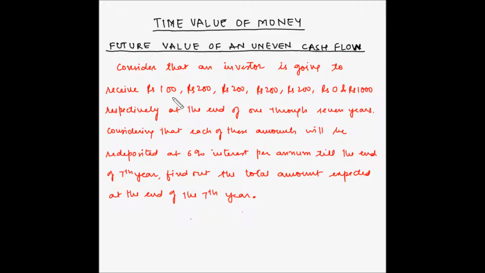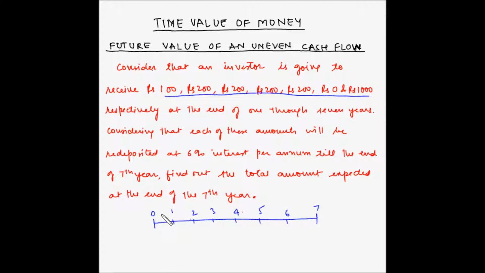So as you can see, the cash flow is uneven because it has different amounts: 100, 200, 0 and 1000. So let us first draw the time scale to understand this better. So the tenure is 7 years. So 1, 2, 3, 4, 5, 6 and 7.